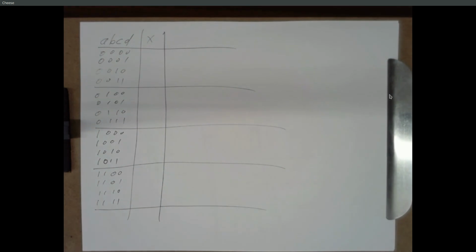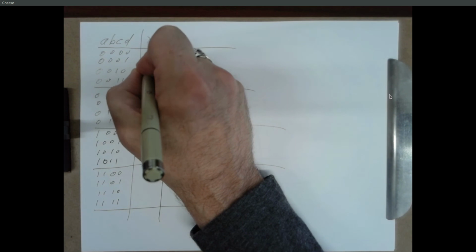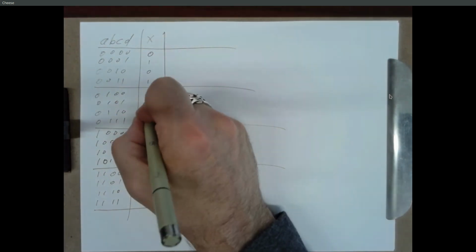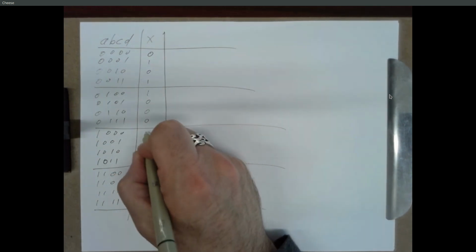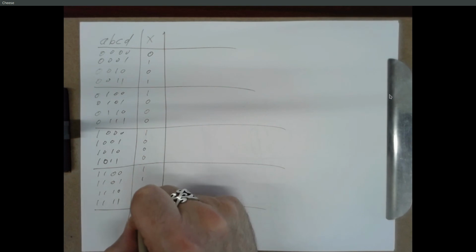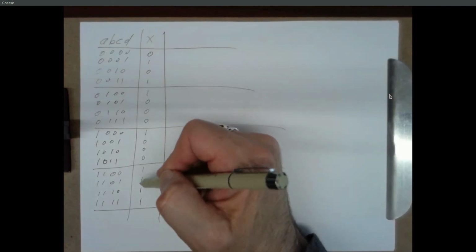All right, so what kind of truth table do we want here? All right, there's a truth table with lots of 1s. 1, 2, 3, 4, 5, 6, 7, 8 1s.